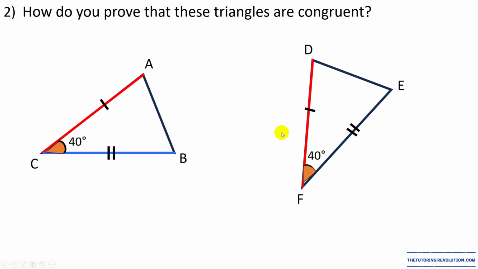And this side, CB, is congruent with FE. So both triangles share the same side, angle, side. So they will be congruent by side, angle, side.